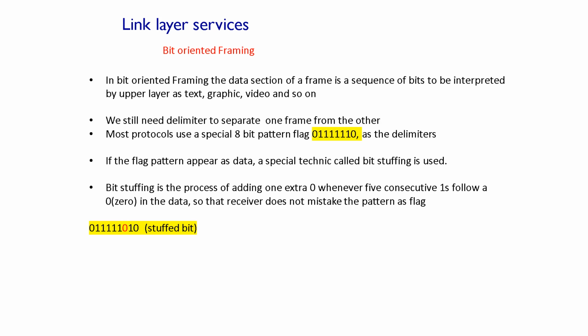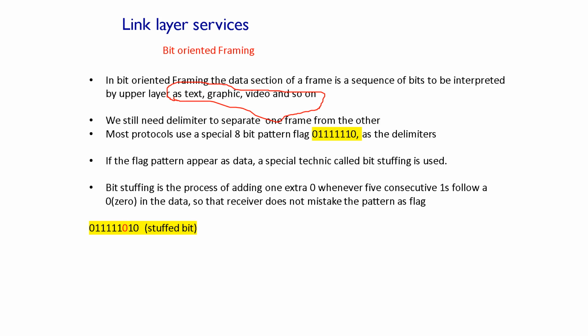In bit oriented framing, the data section of the frame is a sequence of bits to be interpreted by the upper layer as text, graphics, video, and so on. In the character oriented case, it is normally suggested for character type data, so special characters indicate flags. Whereas bit oriented is usually used for transmitting data like text, graphics, and video, that is a continuous stream of data.